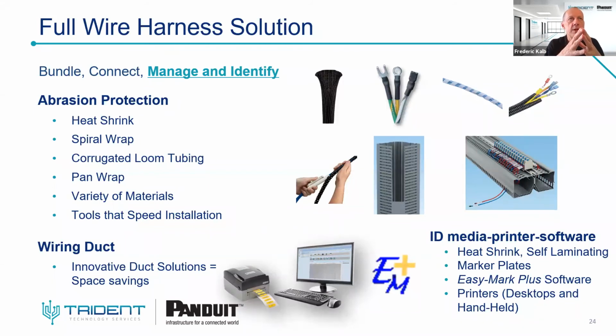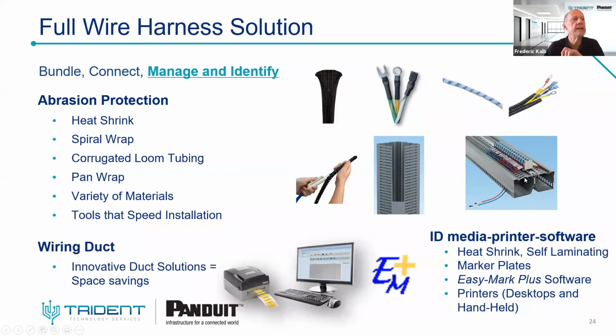It's manage and identify. So it includes, in addition to the ID products we have seen in the different slides, also abrasion protection products like heat shrink, spiral wrap, pen wrap, the things you see in pictures on your screen. But it also includes all our innovative wiring duct solutions, as the one you see here, corner duct, DIN rail duct.